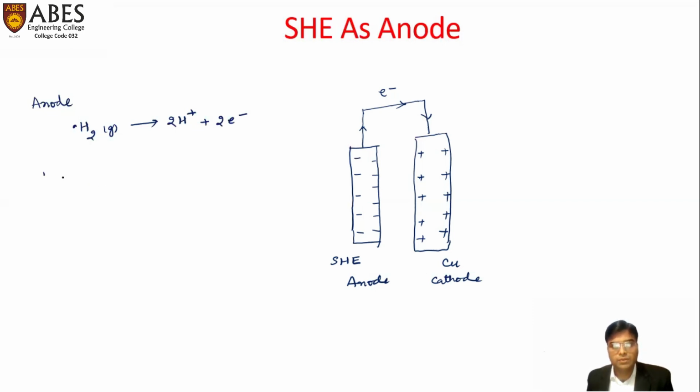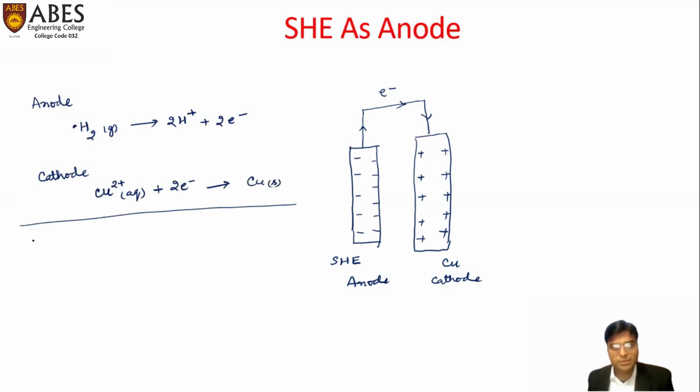At cathode, copper 2 plus ions in the solution take up these electrons to form elemental copper.